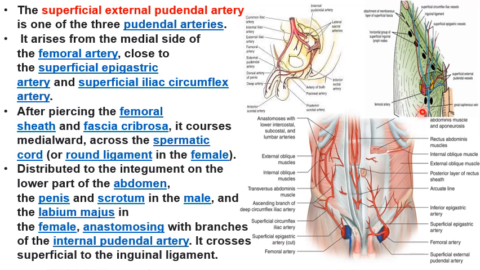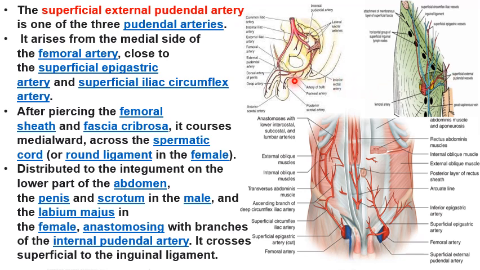Okay, so here in this diagram also you can see this one which is going medially is the superficial external pudendal artery, which goes in front of the spermatic cord.